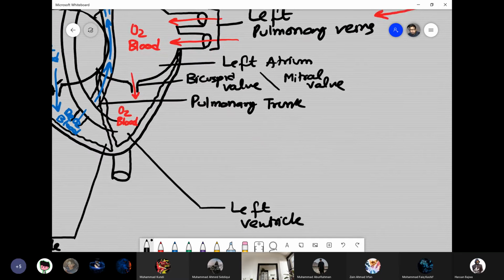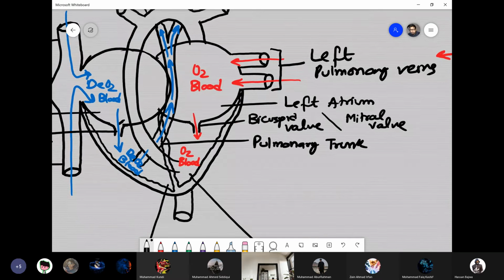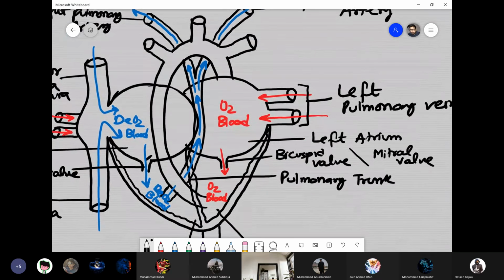Okay. Now, boys, the oxygenated blood has reached where? Into the left ventricle. Now, what will happen? This left ventricle will contract and the blood will enter into this blood vessel.